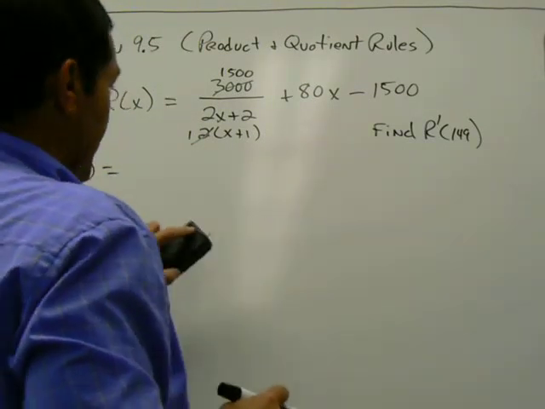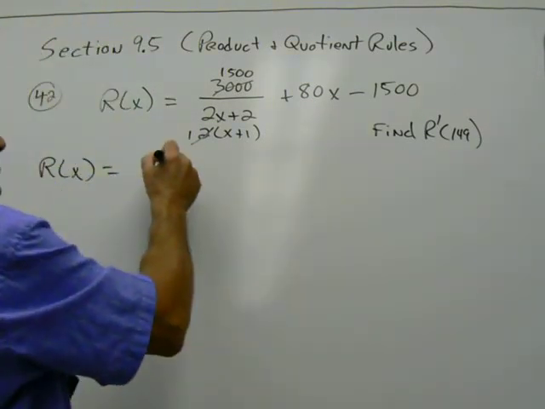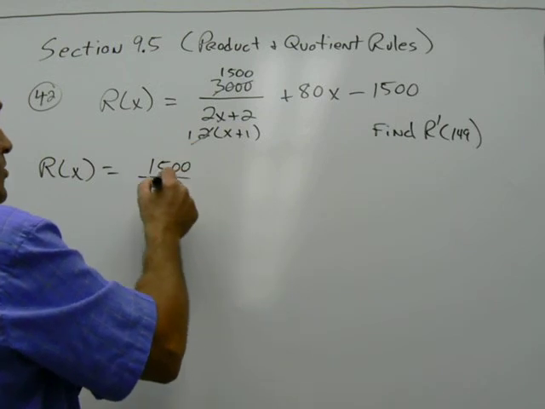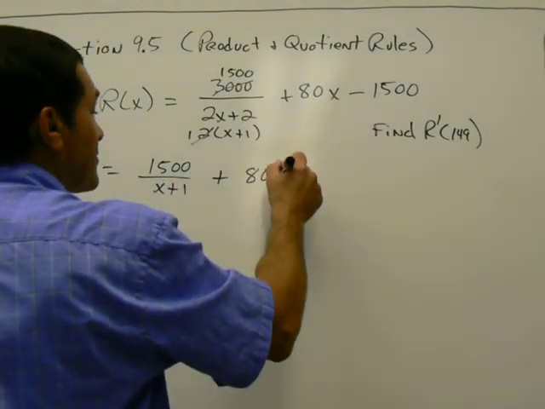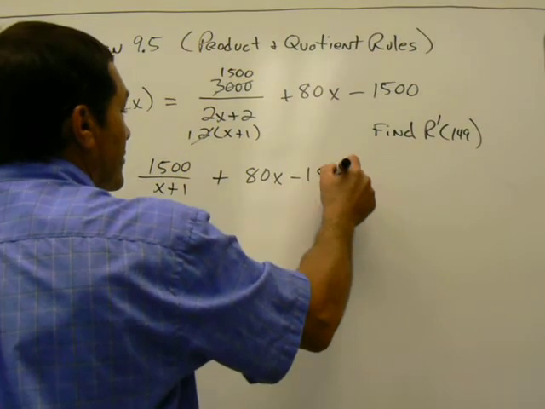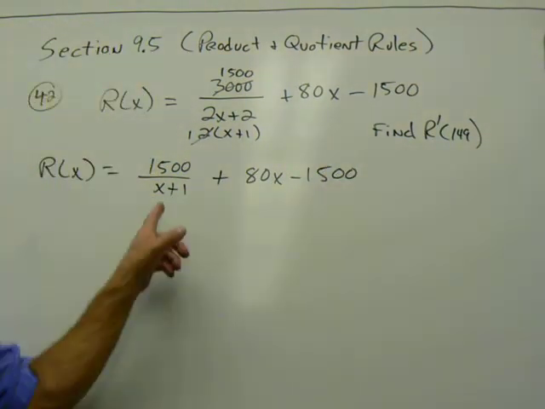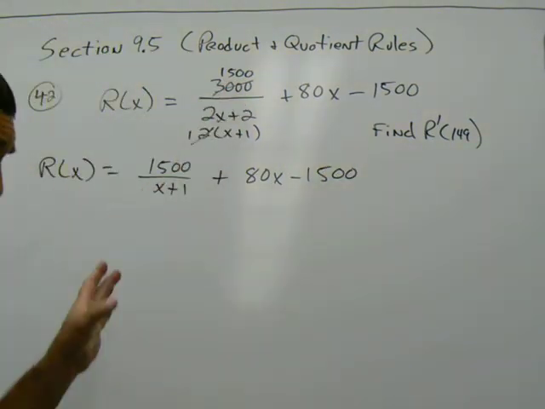I'm going to write it as 1,500 over x plus 1. There's a reason why I changed my mind. So I did do a little bit of simplifying on the fraction first.